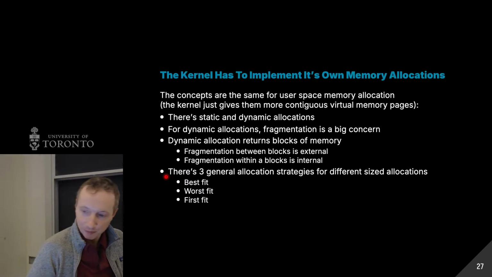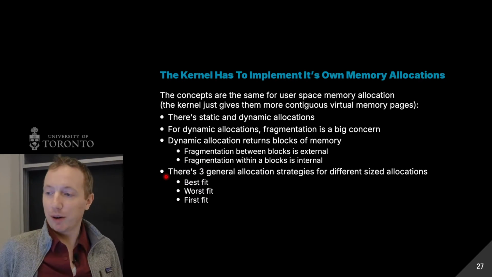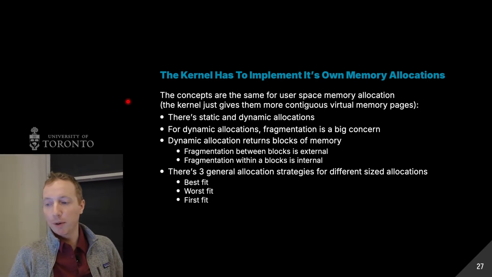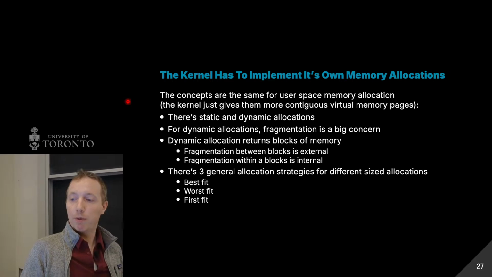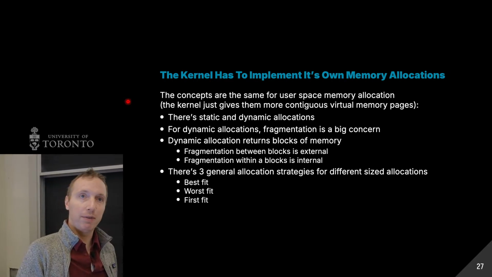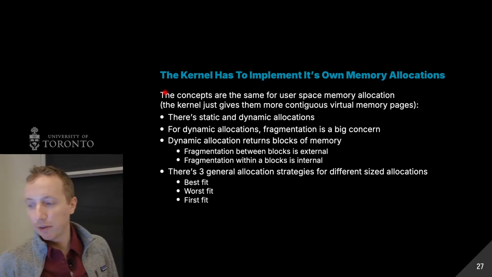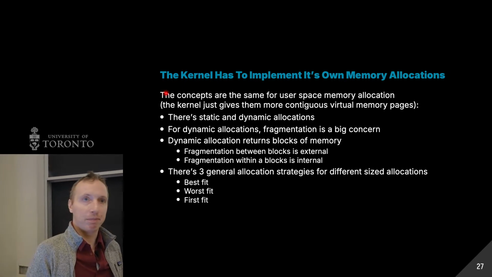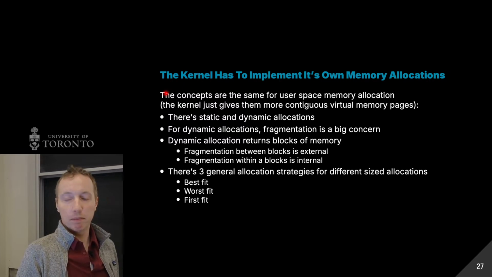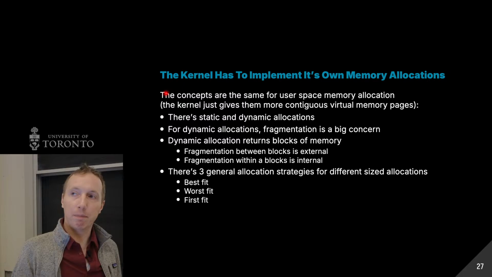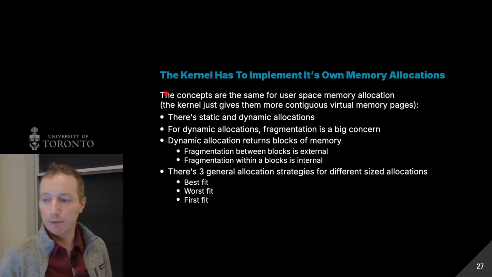All right. Then we talked about kernel allocations. So some memory allocation algorithms. The concepts are the same for user space memory allocation if you have to implement malloc or free. The kernel essentially just gives the standard C library a whole bunch of memory called the heap, and malloc and free manage that heap for you.